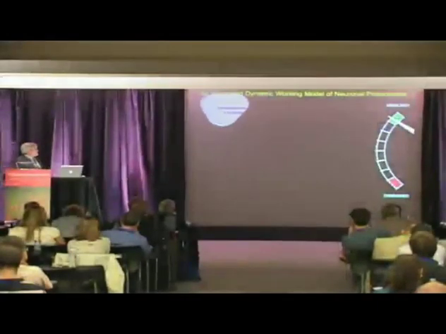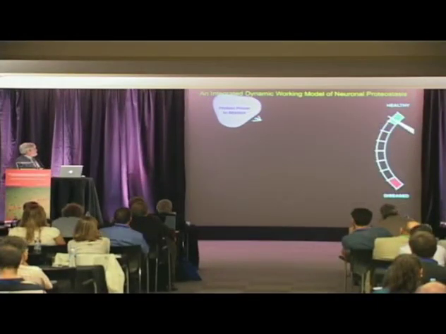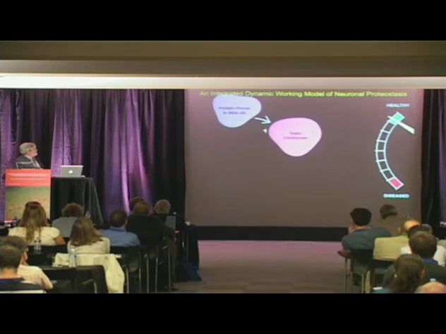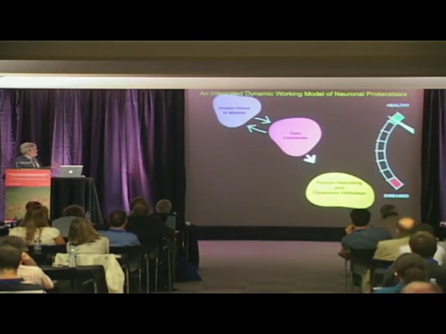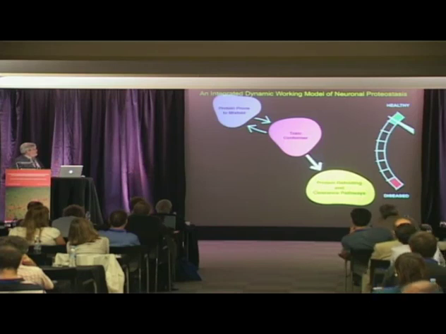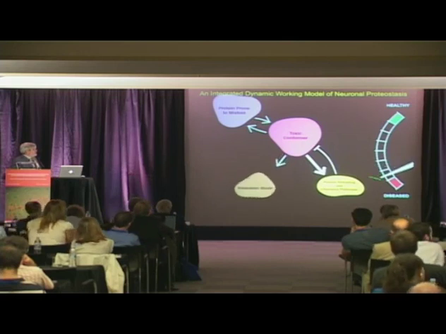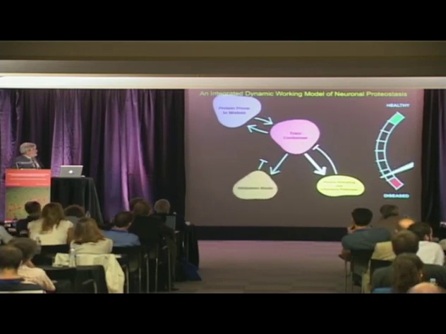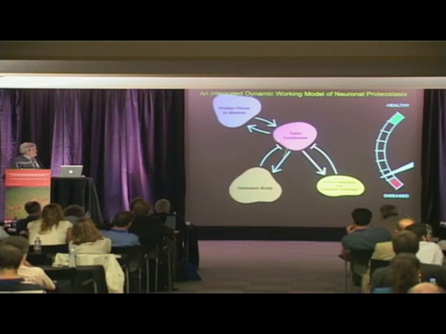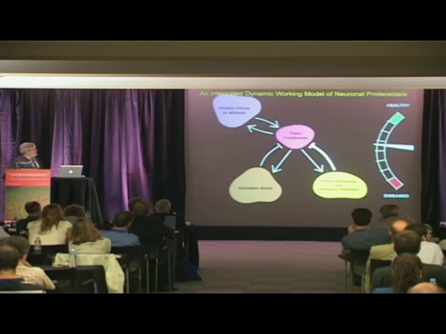So to summarize a model, we think that environment or mutations make certain proteins prone to misfold. These in turn can adopt structures, it could be oligomers or even toxic monomers, that can place stress on protein refolding and clearance pathways. And that reduces the viability of those cells. In that context, inclusion body formation may be a way to remove those toxic conformers into a structure that's more inert and decompress the stress on the refolding and clearance pathways.